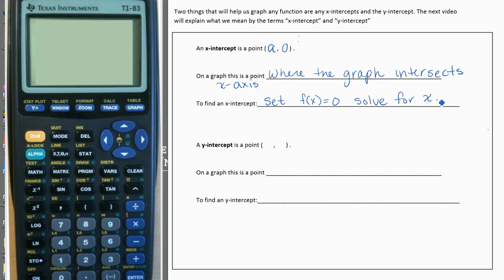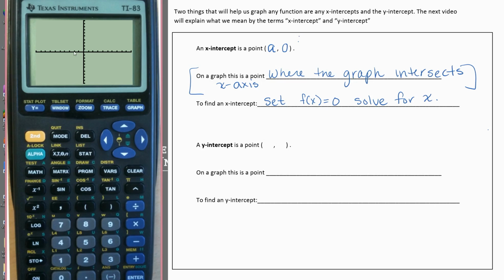But the important thing to know is that this is where the graph of a function intersects the x-axis. And you'll notice on the x-axis, every point on there, the y-coordinate is 0. So if we look at a graph, here's the x-axis, and if you're on the x-axis, you haven't gone up or down at all, so the y-coordinate would be 0.